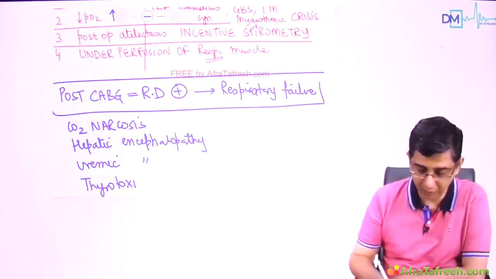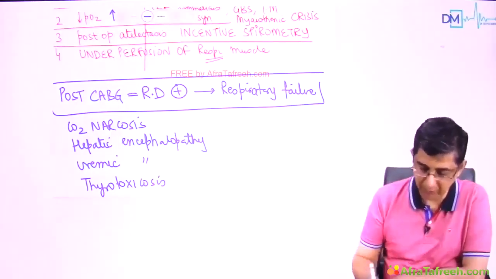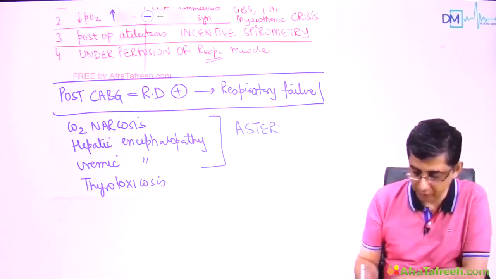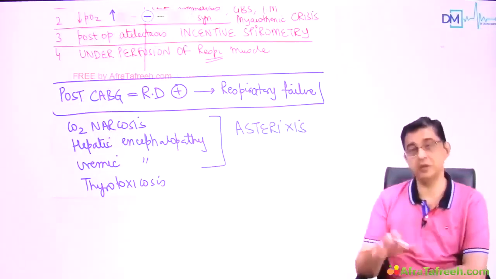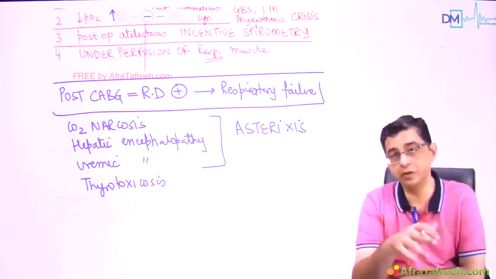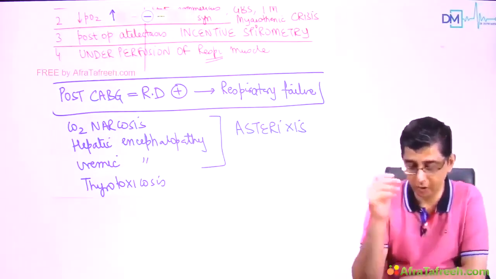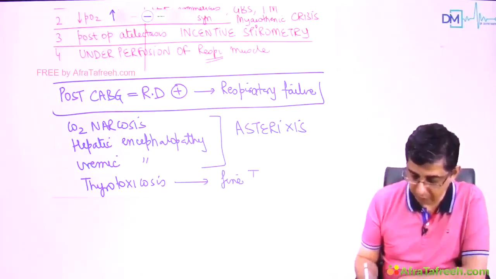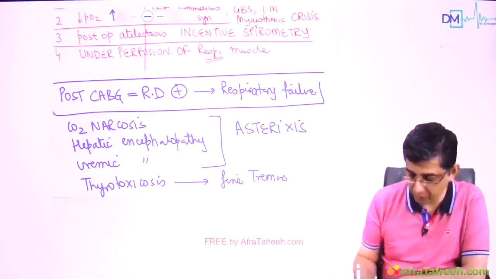Thyrotoxicosis would rather be having presence of fine tremors in the patient. The 3 conditions will cause a negative myoclonus, that is asterixis. Negative myoclonus means sudden decrease in tone of the muscle. So there's a flap movement of the hand of the patient, whereas thyrotoxicosis will be responsible for fine tremors of the hands of the patient.